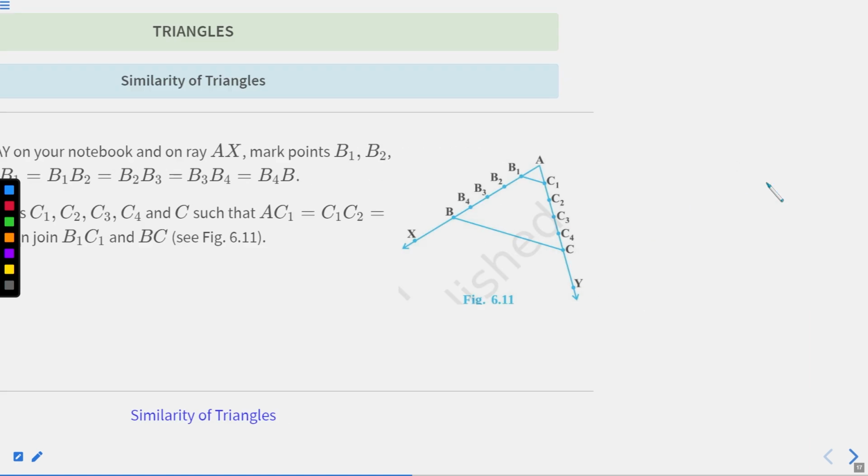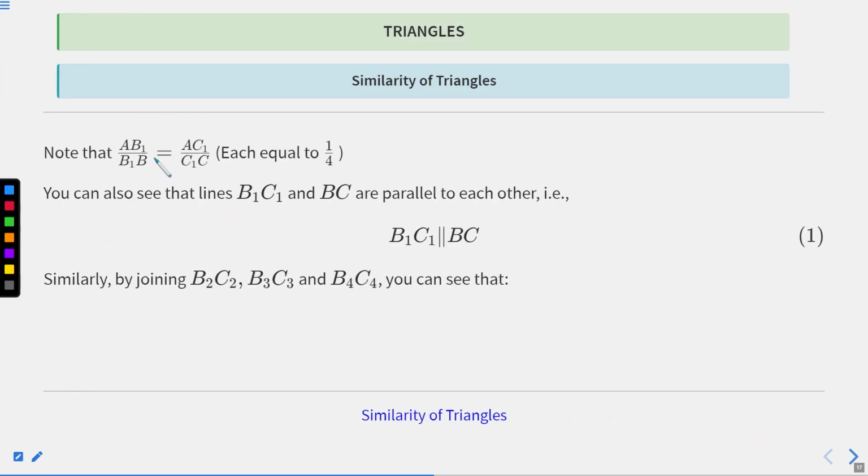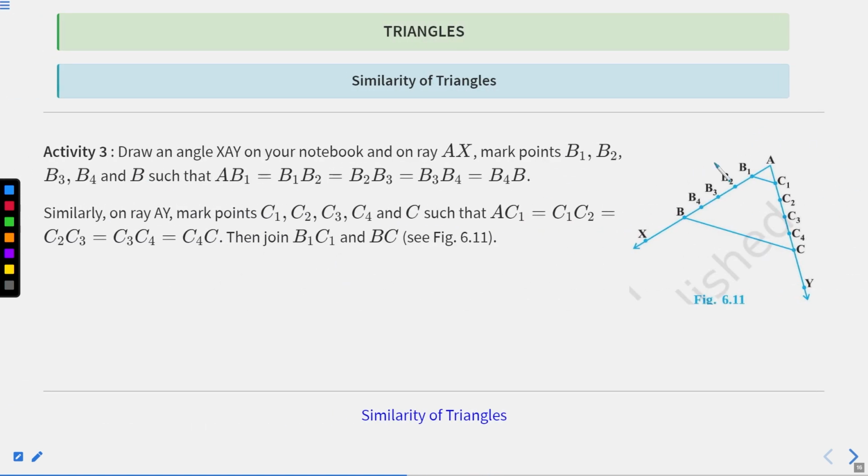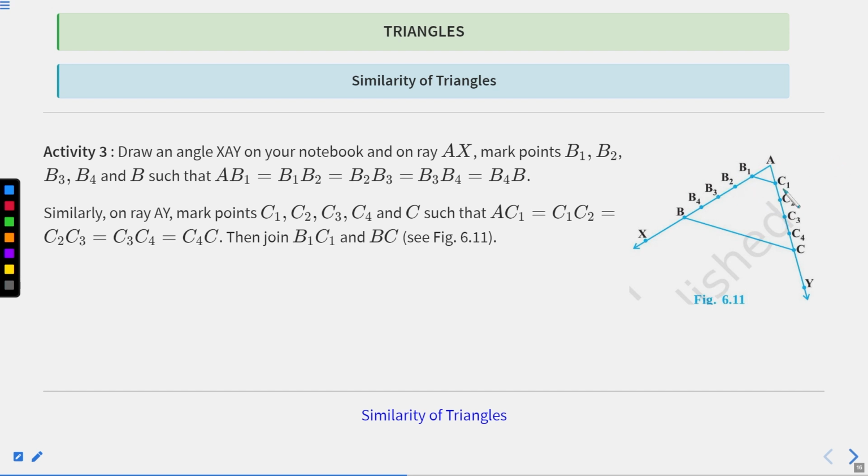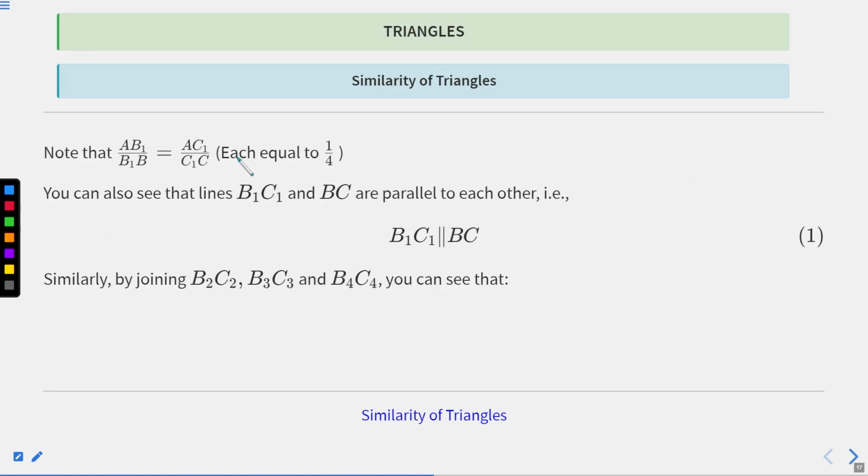Now note that the ratio AB1 divided by B1B is equal to AC1 divided by C1C. If we compare these ratios, both are equal to 1 by 4.